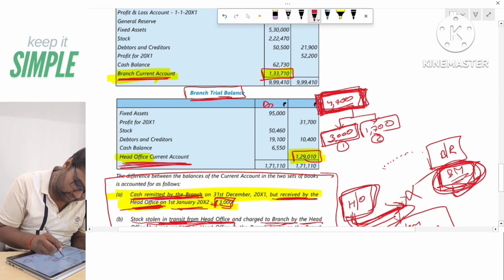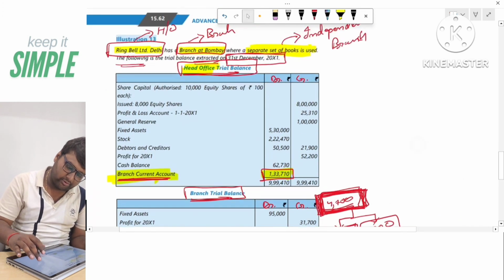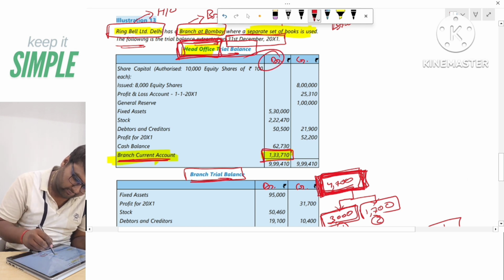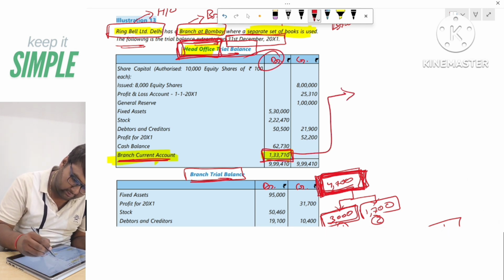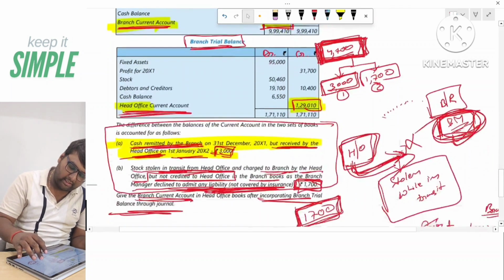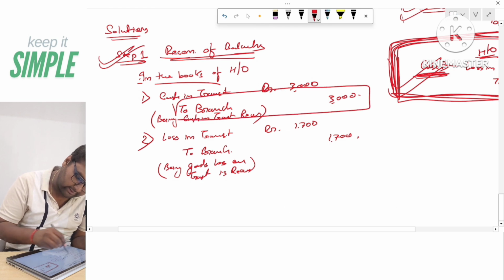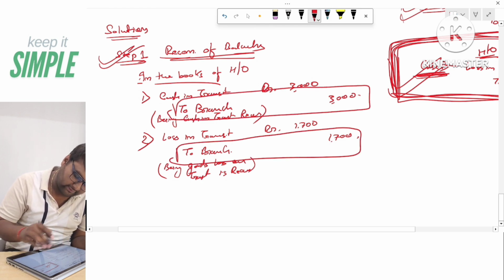This is debit, this is credit. So earlier head office has a debit balance of branch of 1,33,710. Now we have credited branch by 3,000 and 1,700.